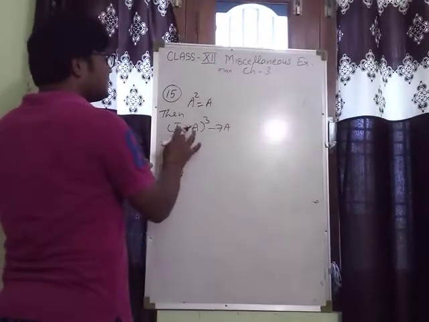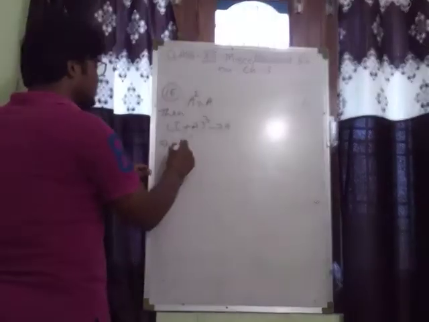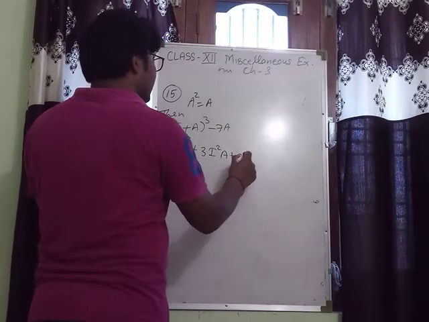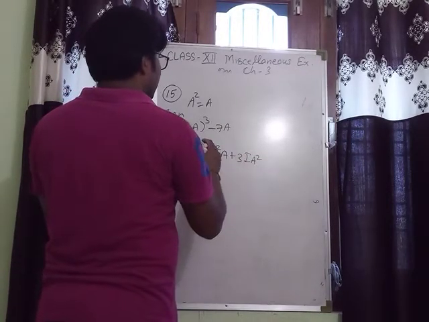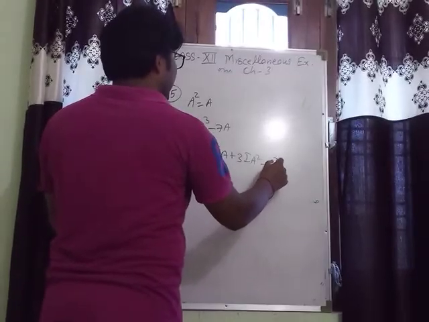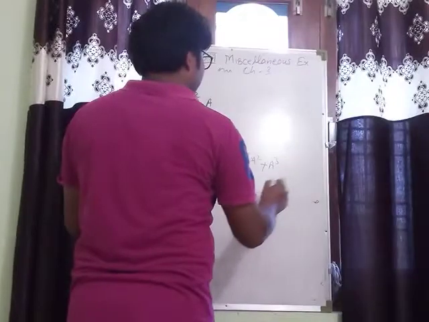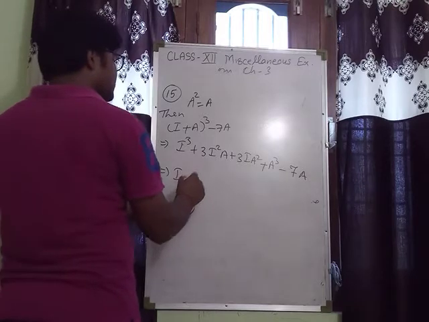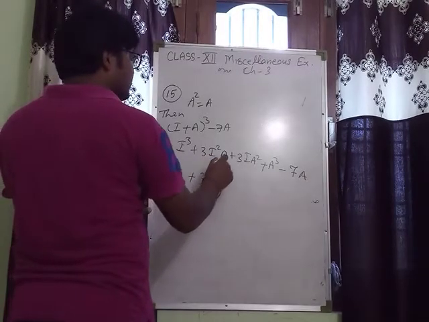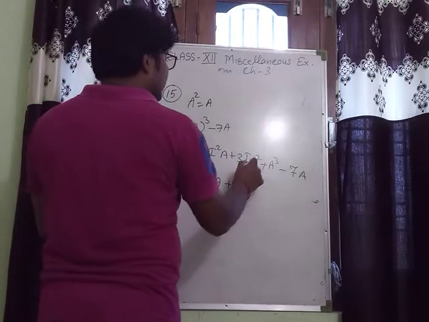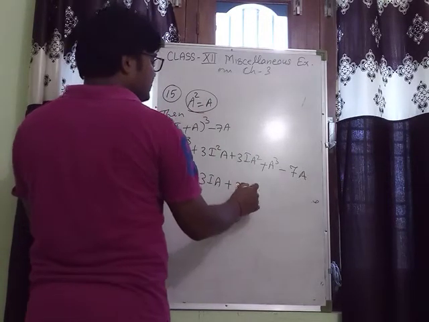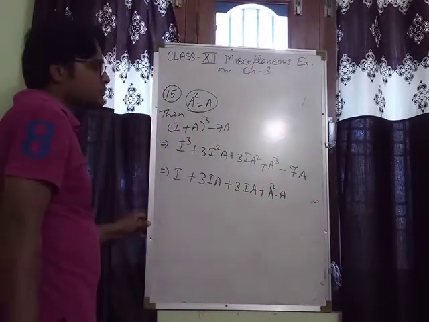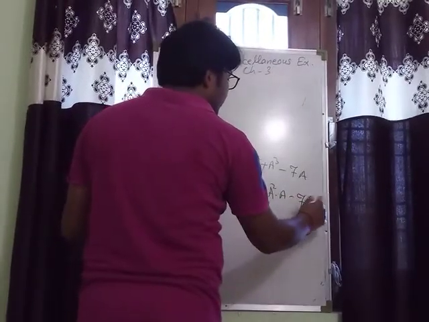We know that x plus y whole cube is equal to x cube plus 3x square y plus 3xy square plus y cube, and minus this 7A. Clearly I cube is I, plus 3 I square A which is 3 I into A, plus 3 I A square, where A square is A, plus A cube which can be written as A square into A, minus 7A.